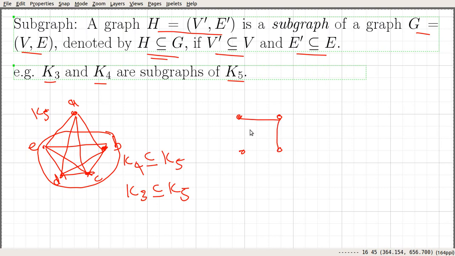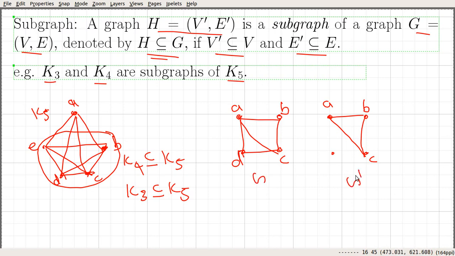So let's consider this graph, and this graph. Okay, so here if this is G and G dash, we can immediately see that G dash satisfies these two conditions.